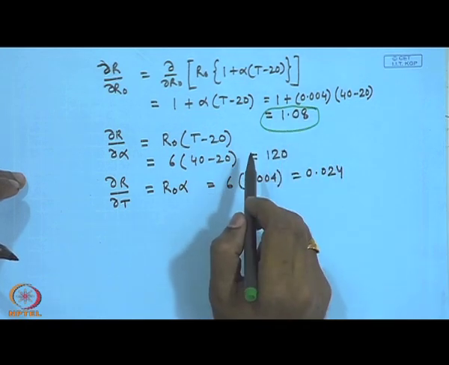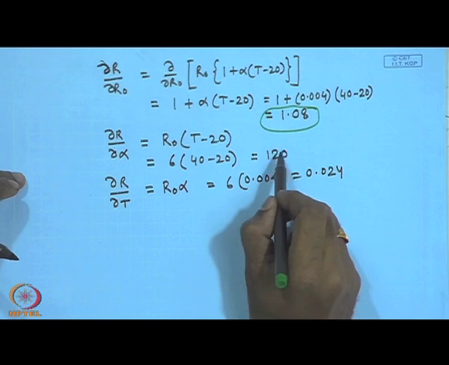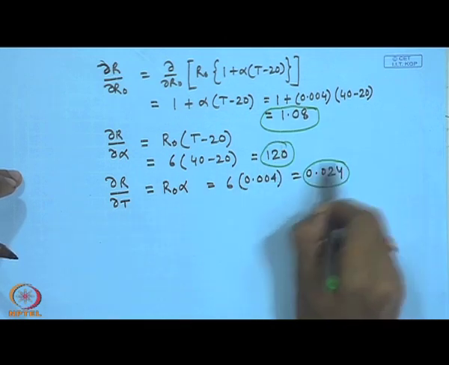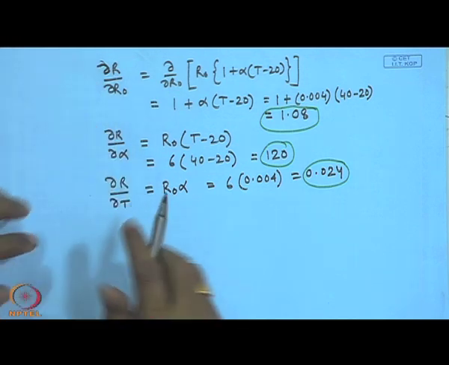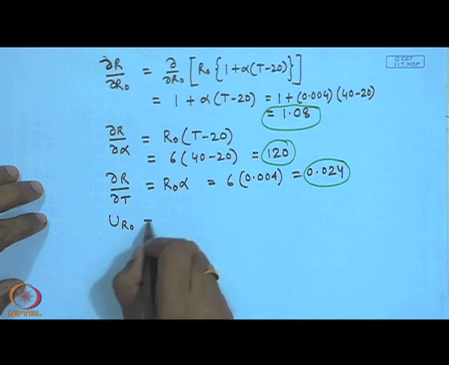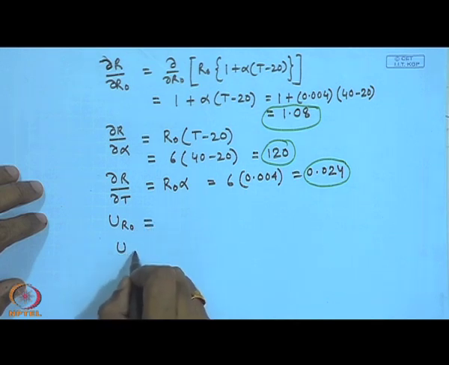So, we now have values for del R del R0, del R del alpha and del R del T. We now need to know u R0, u alpha and u t.